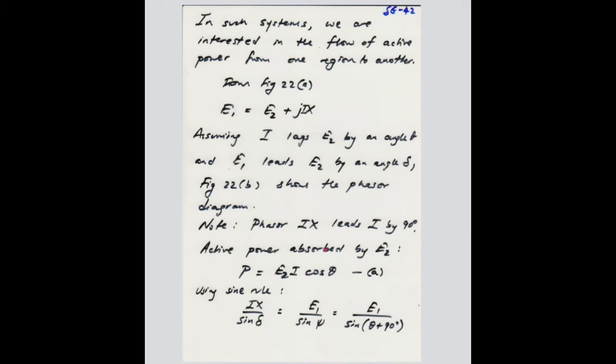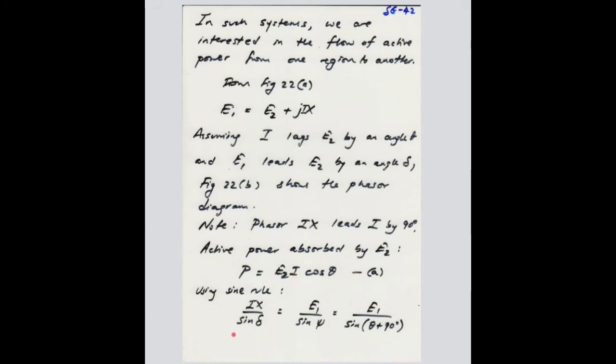Right, so the active power that will be absorbed by region B is given by this equation A. That's the product of E2, the magnitude of the voltage in region B, times the current passing through there, and the power factor on the receiving end, right?